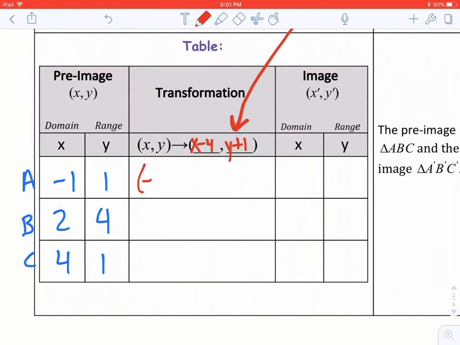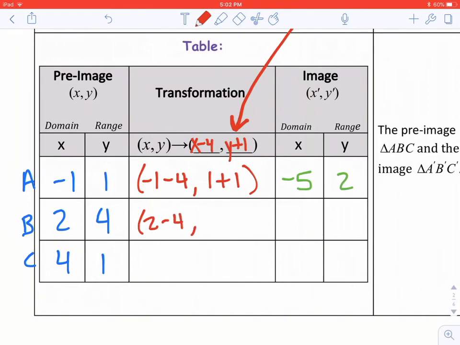So we're going to say -1 minus 4 and 1 plus 1 is going to give us our image coordinates of -1 minus 4 would be -5, and 1 plus 1 gives us 2. For the next coordinate, for B, we got to say 2 and apply the same rule.